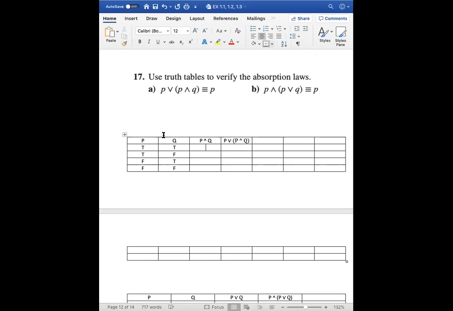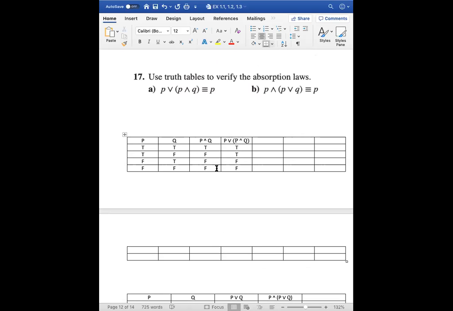So we have P and Q, which is going to be true, false, false, false. Now we have this P and Q, and then we have to OR it with this P. So we take these values and OR them with these values. Then this will give us true, true, false, and false.